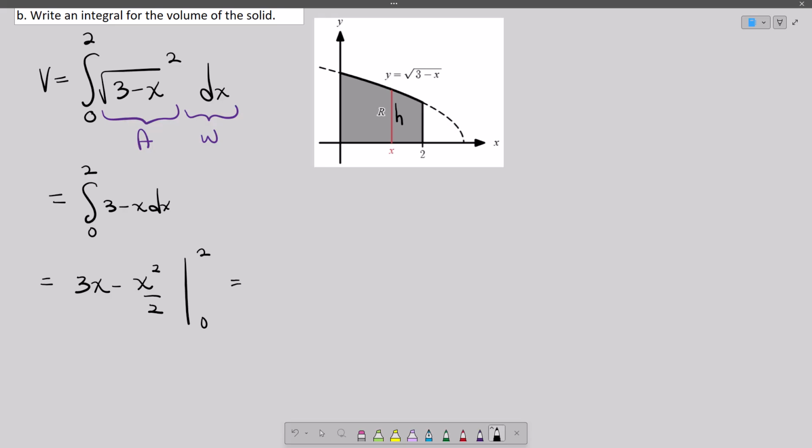Plugging in the 2 gives us 6 minus 2. Plugging in 0, that's not going to contribute any volume. 0 in there and 0 in there gives 0. So we're going to have 4. And we weren't given units, but in your mind, you're thinking of 4 cubic units. We're thinking volume, not area. So 4 cubic units.